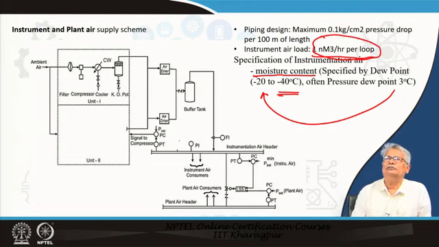So, if you have 50 loops in your panel, you have to provide for 50 normal meter cube per hour supply of instrument air, and normally at least 50%, or at times 100%, excess is kept, to provide for future expansion and losses. These compressed air lines are designed with a maximum of 0.1 kg loss in pressure per 100 meter of length.